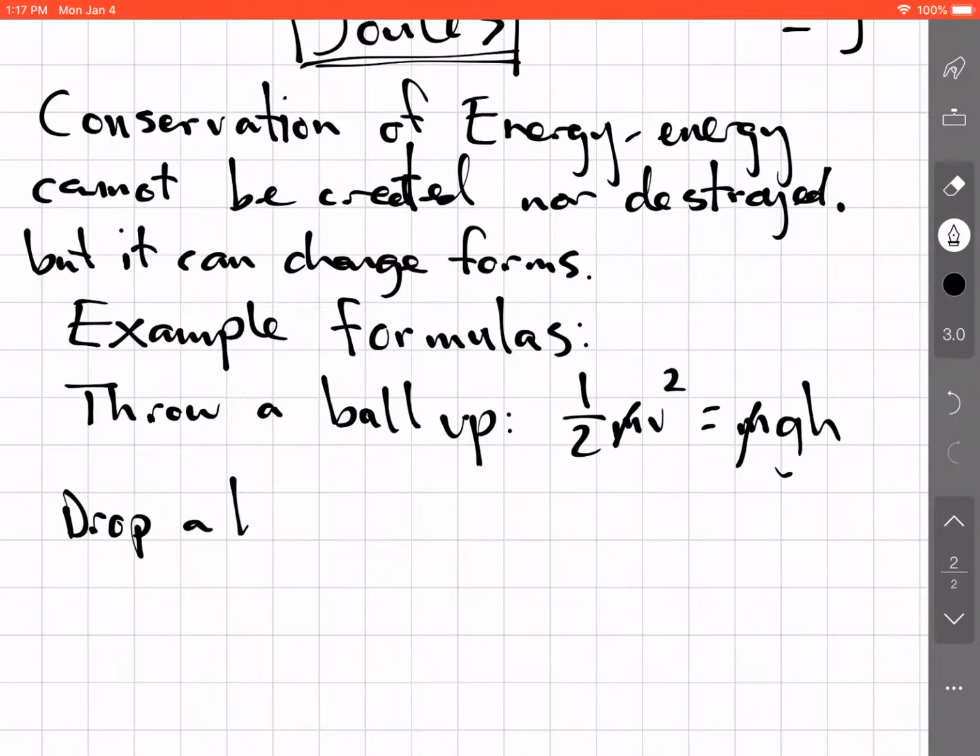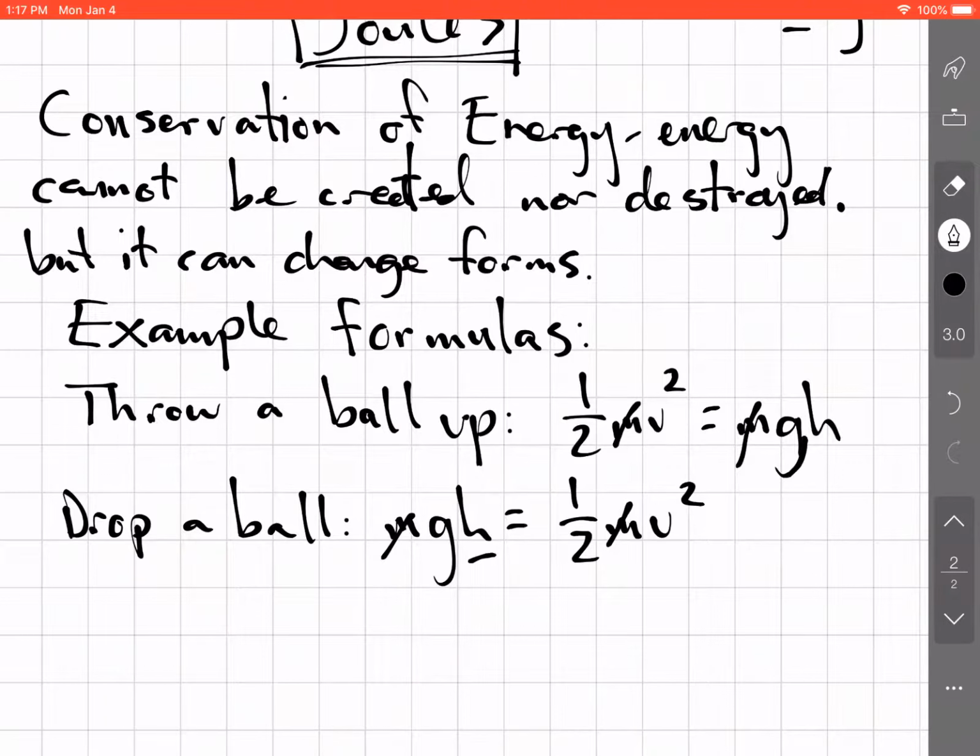So drop a ball from a height. Here you start out with mgh, and it turns into kinetic energy as it hits the ground. Again, m's will cancel. You might be given h or solving for v. So as you can see, the way you solve them is very, very similar. But the algebra that follows is usually pretty simple. On both of these, you would be using g equals 9.8. You don't have to plug it in as a negative. You can plug it in as a positive. But that is your generic conservation of energy explanation, if you will.